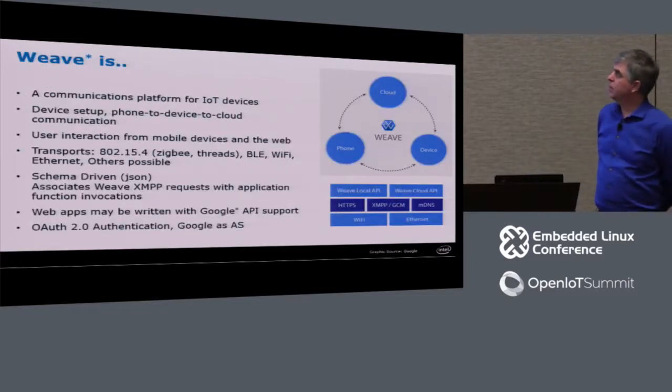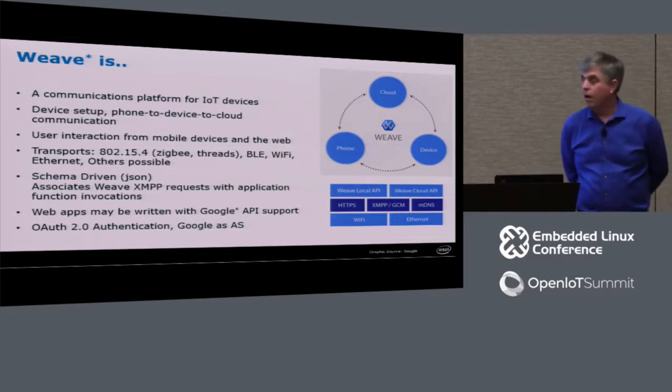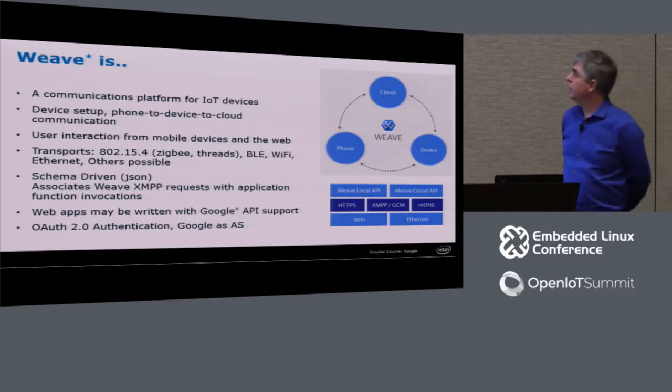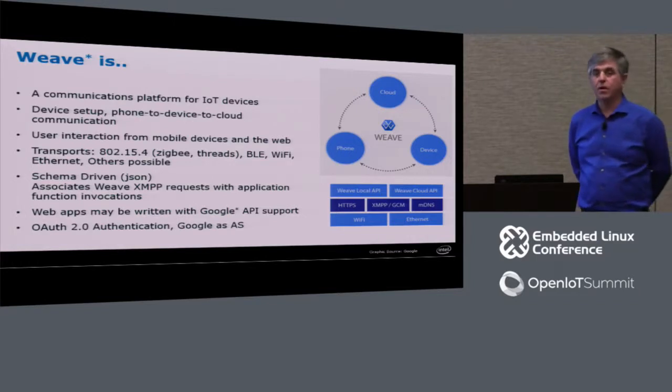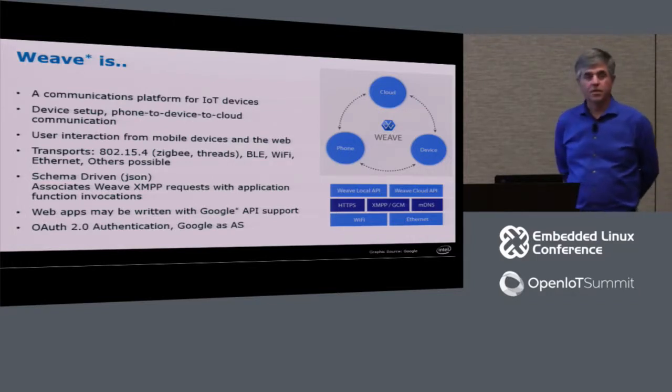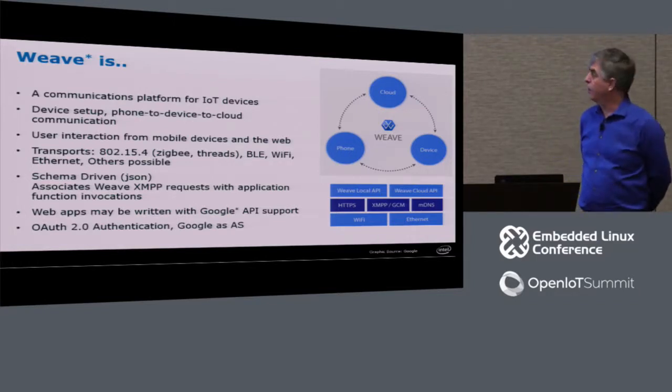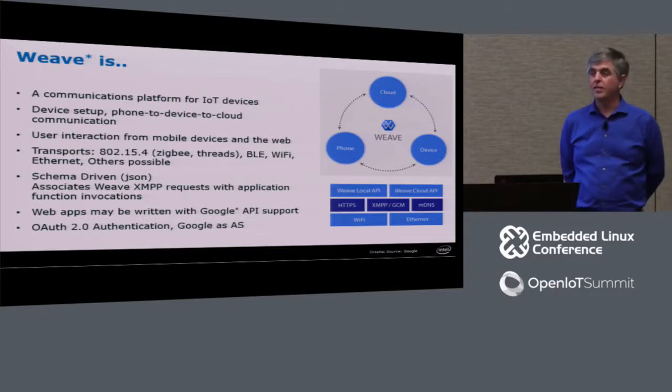Whereas Weave is the communications platform for IoT devices from Google. Weave provides your connectivity between your IoT device, potentially phones, the cloud, other devices, what have you. It provides a good degree of security. It uses SSL and TLS for encryption for the link layer.